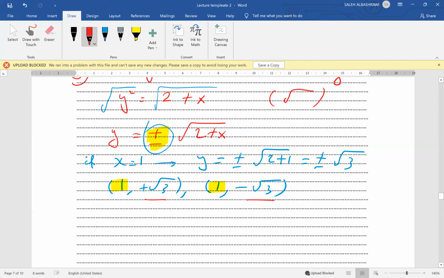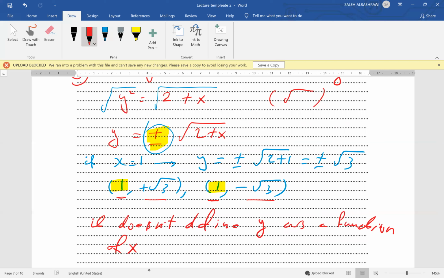I have two values with the same first coordinate. So it does not define y as a function of x.